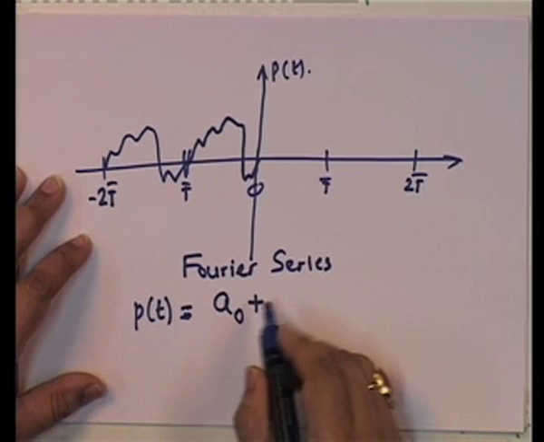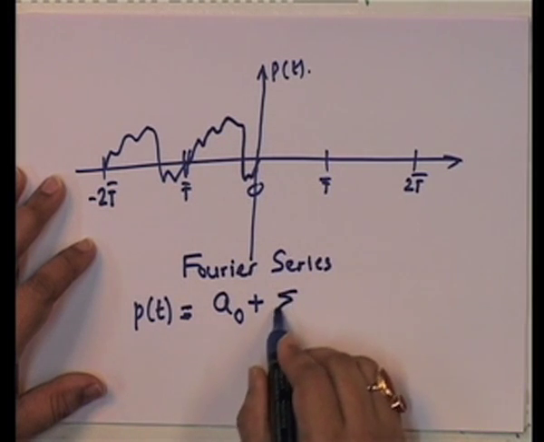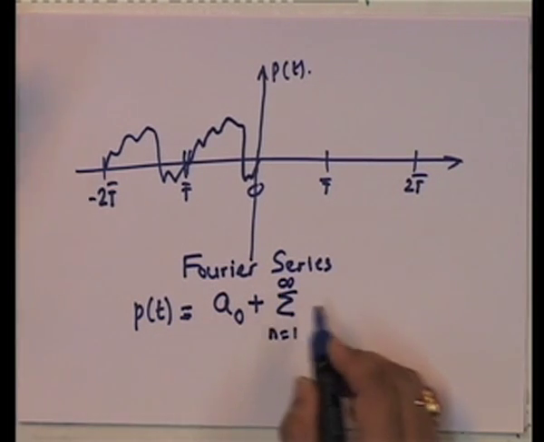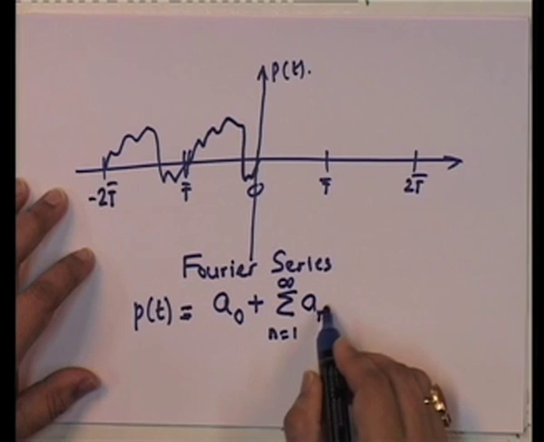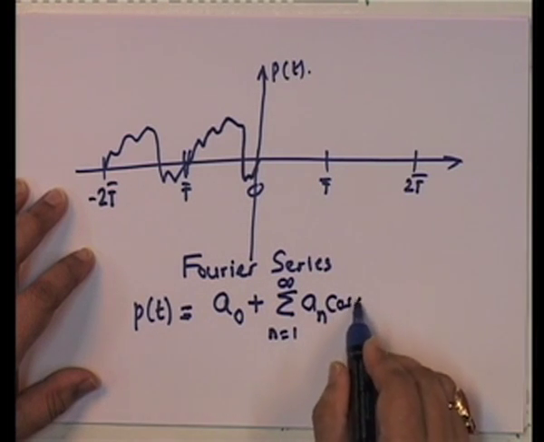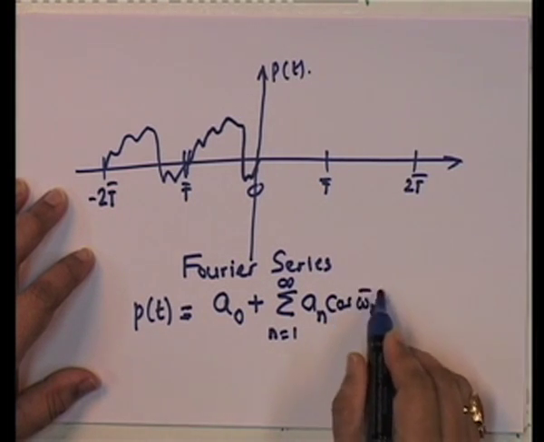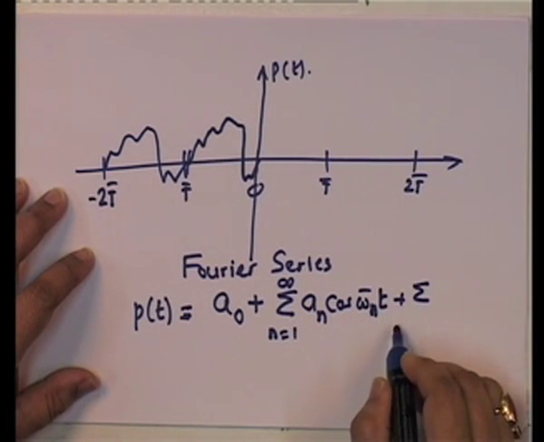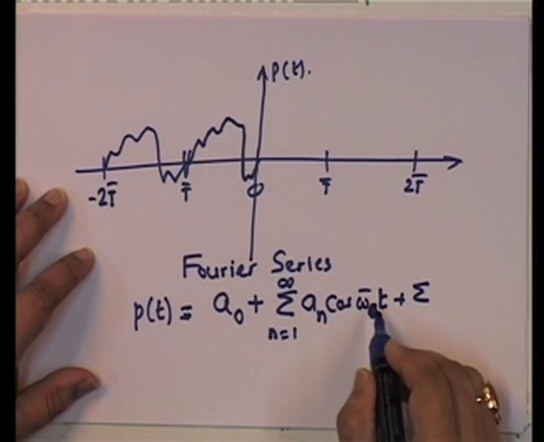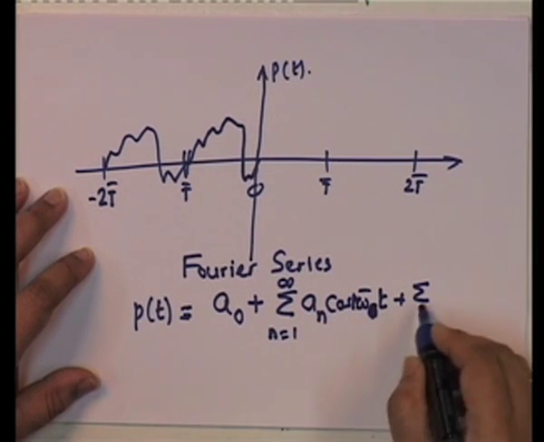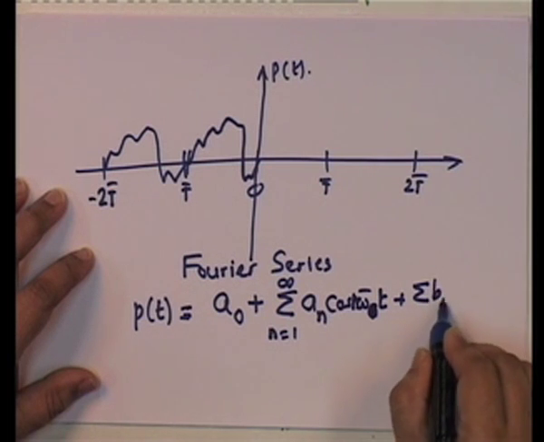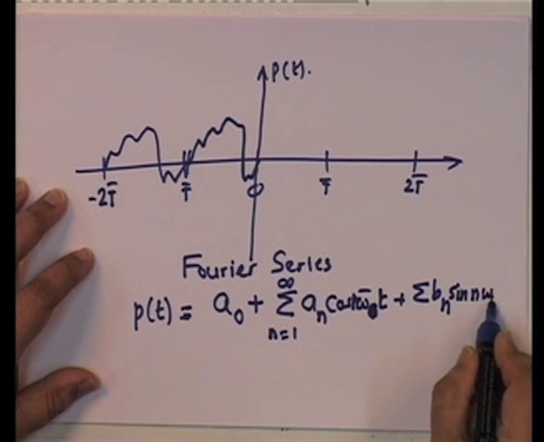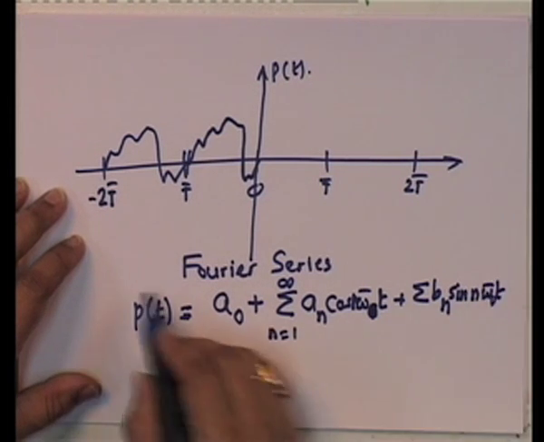This loading can be written in terms of summation n going from 1 to infinity, a n cosine n omega bar 0 t plus b n sine n omega bar 0 t.